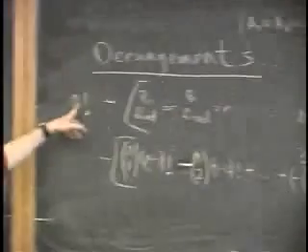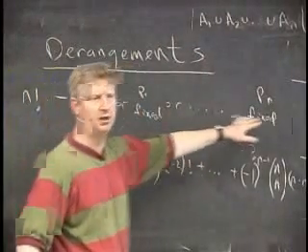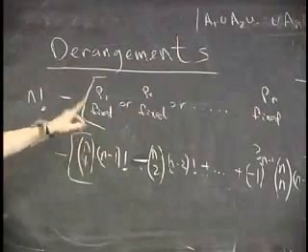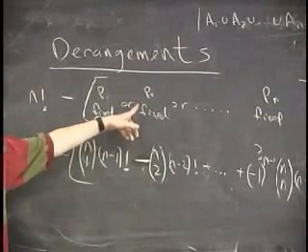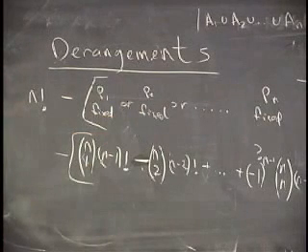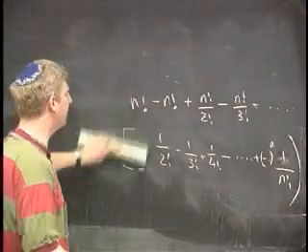N factorial is all the possibilities minus the possibilities where somebody gets their lunch back. Here the first person gets their lunch back. Here the second person gets their lunch back. I don't see anything wrong with that. Wait, the problem is that you've already subtracted this from n factorial, right? Oh, right. I subtracted it all. Nothing's wrong.